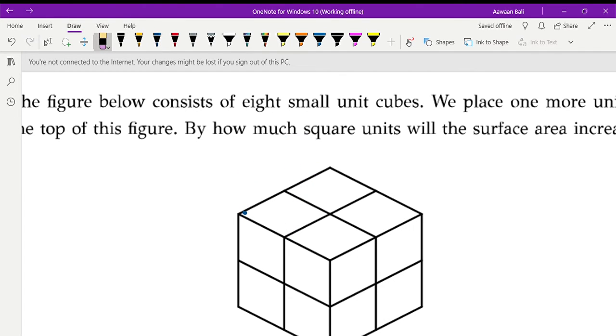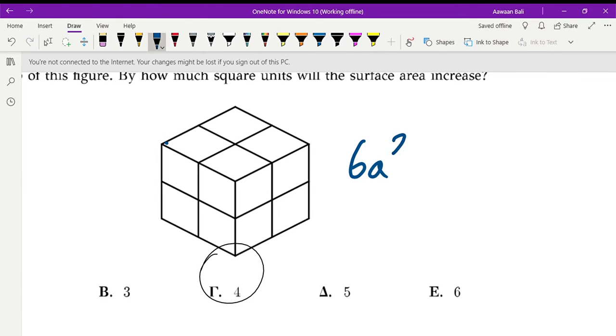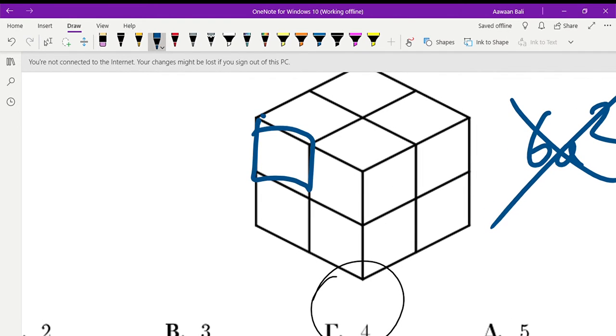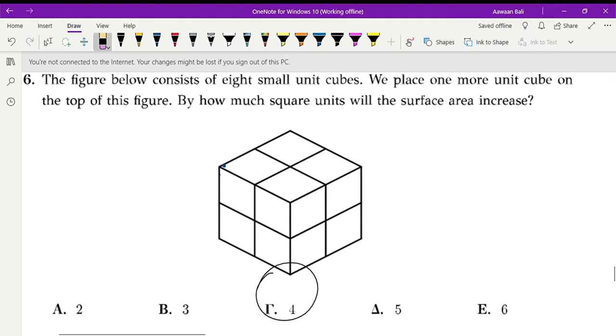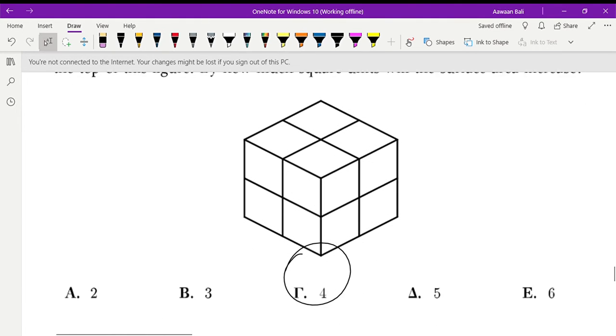If we are finding the area of a cube, its formula is 6a squared, where a is an edge. Basically, if you're not following the formula, you could just find the area of all of these squares on all of the sides. That's lengthy, so that's why we have formulas to help us with that.